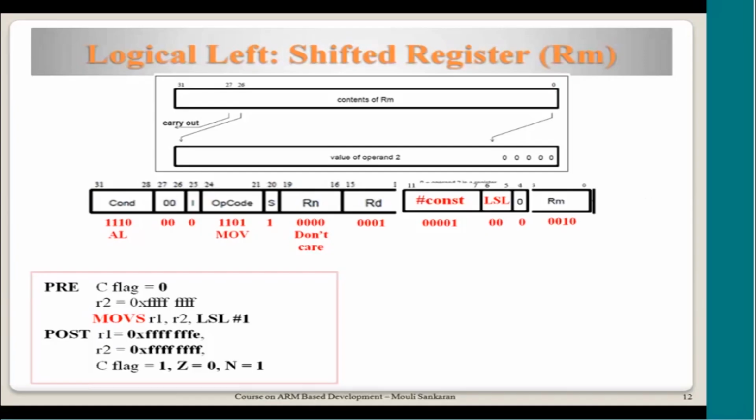You may wonder, why is it required? Anyway, the assembler is doing it, so why should I bother about these bit level values? I'll tell you, when you have to debug your code at the assembly level, at the binary level, there are some occasions where you may encounter program crashes, or it generates an unknown instruction, or it generates an abort, a data abort.